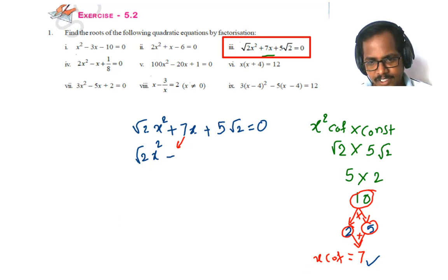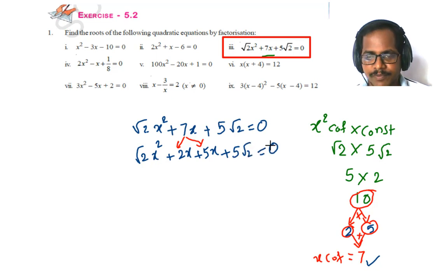Let's write 7x as 2x plus 5x. 2x plus 5x equals 7x. Now the remaining term, 5 into root 2, equals to 0. So what we did here is we split the middle term, 7x, as the sum of two other terms, 2x and 5x.